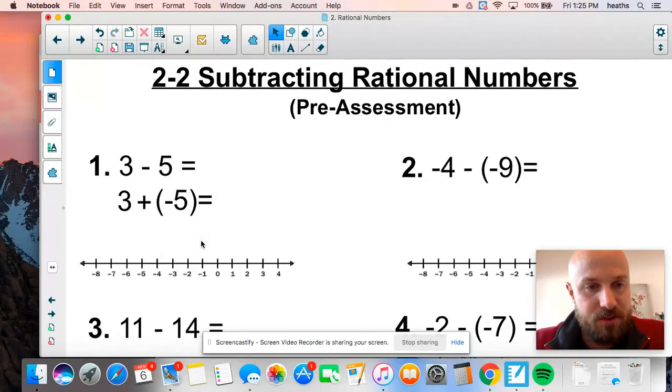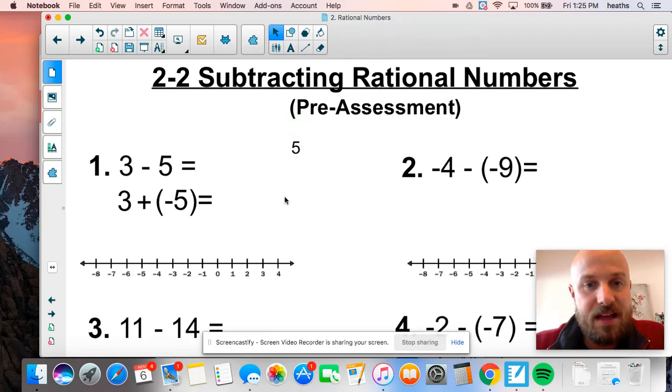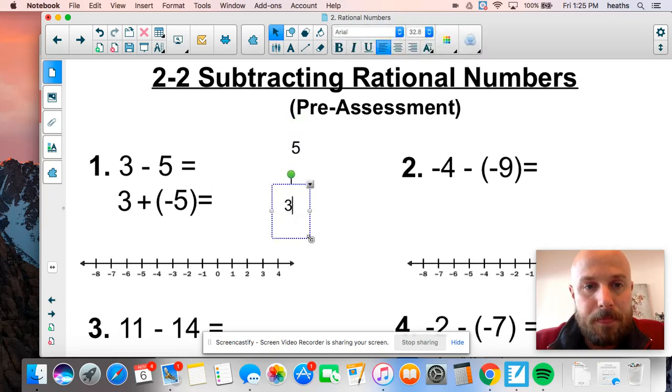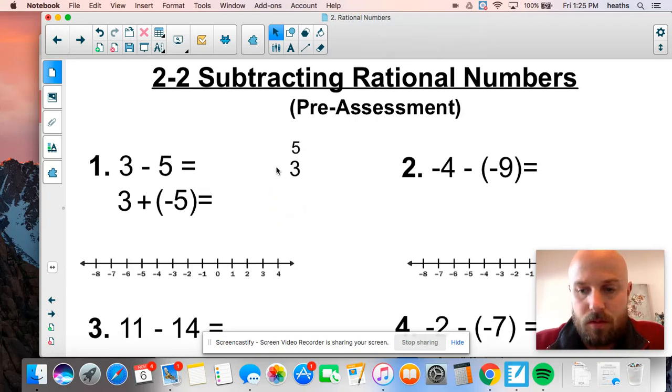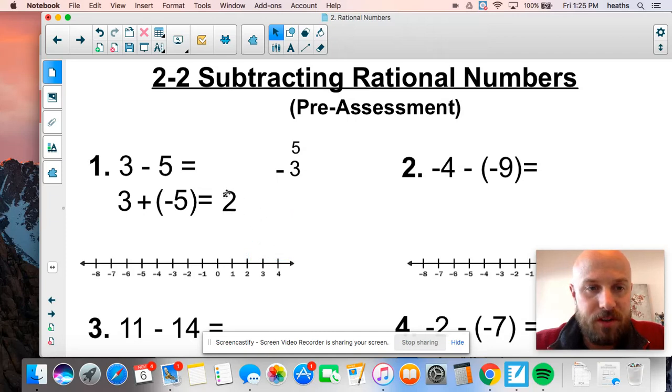So notice that we have a positive number and a negative number, which means that we have two different signs, and our steps would be to subtract their absolute values. So we're going to do 5 minus 3. And we know that the answer is going to be 2. So we'll plug a 2 in there.